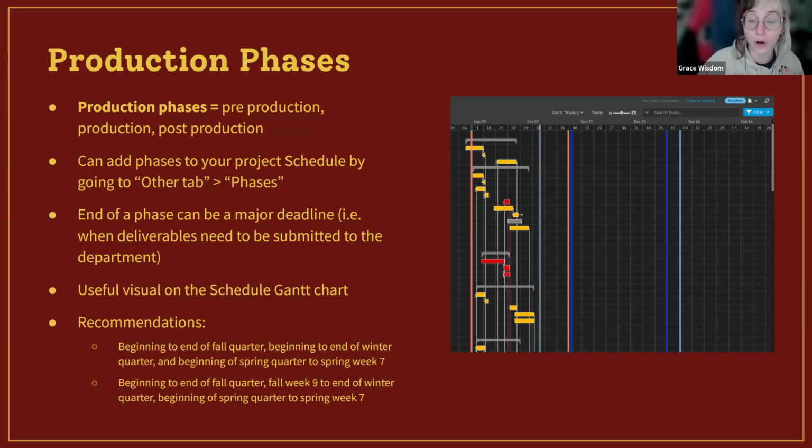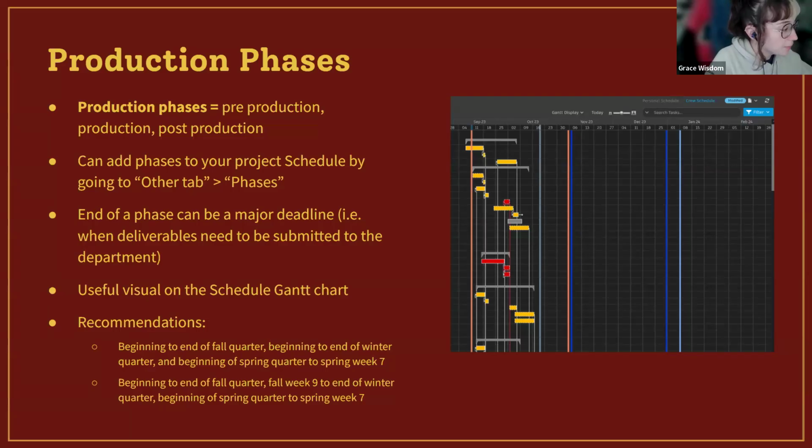And for our crew, we needed to work over winter in order to stay on schedule. So if that's something your crew needs as well, I would recommend adding in a fourth phase for that as well. And you can add phases to your project schedule by going to the other tab and phases. It doesn't show it here, but that's the steps that you take for that.